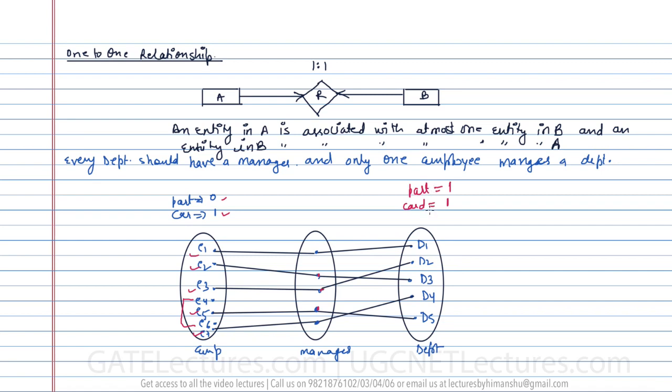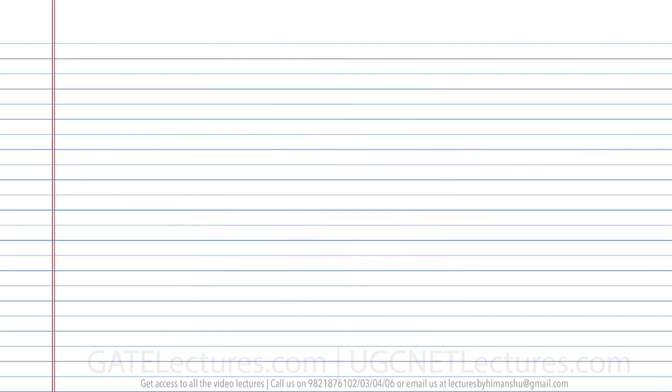Now we can also represent this relationship in the min-max form representation, which I have already told you. So let me write it this way. Here we had an employee, the manages relationship, and the department. For employee, the cardinality was 1 and the participation was 0.